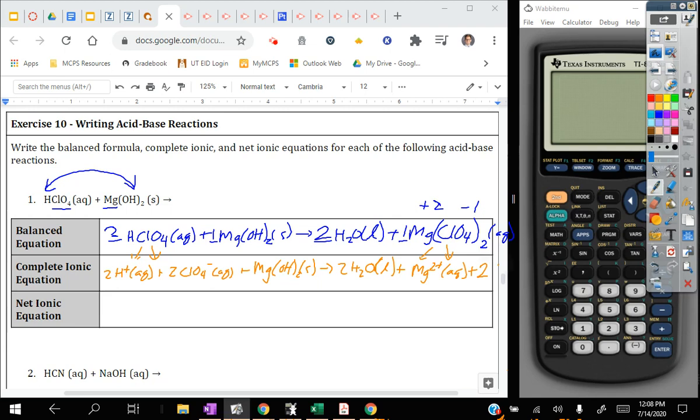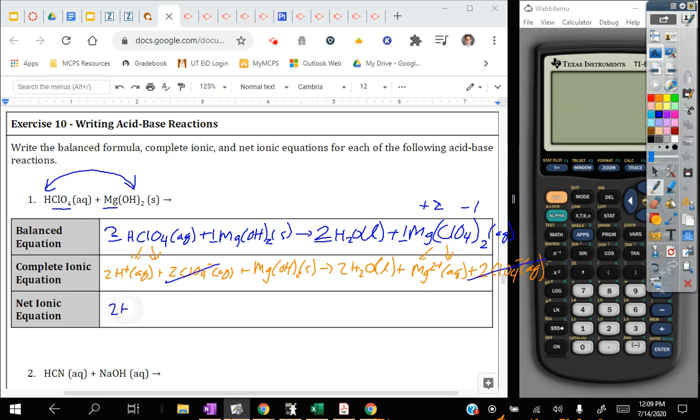And keep in mind that you have 2 moles of perchlorate here. Okay. So if I look at spectator ions here, this one's kind of tricky. I only have 1 spectator ion, and that's my perchlorate.